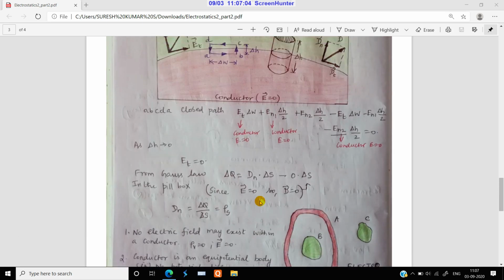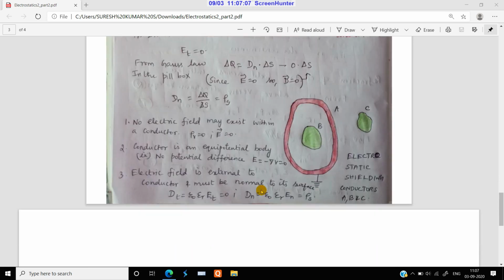Also this particular boundary condition is going to be applied for electrostatic shielding of conductors.